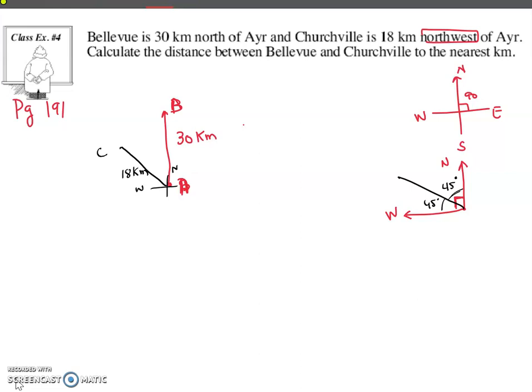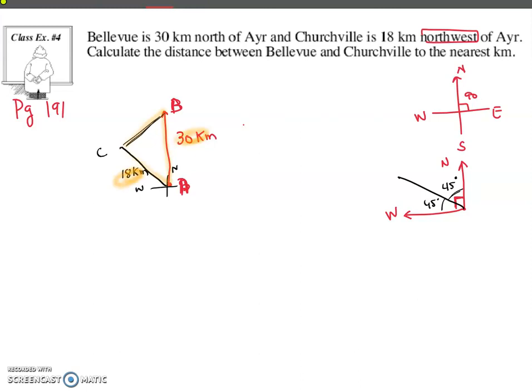Okay, now what they want us to find is the distance between Bellevue and Churchville, so that's this distance. So I'm interested in this triangle right here. And in this triangle, I know this side, I know this side.